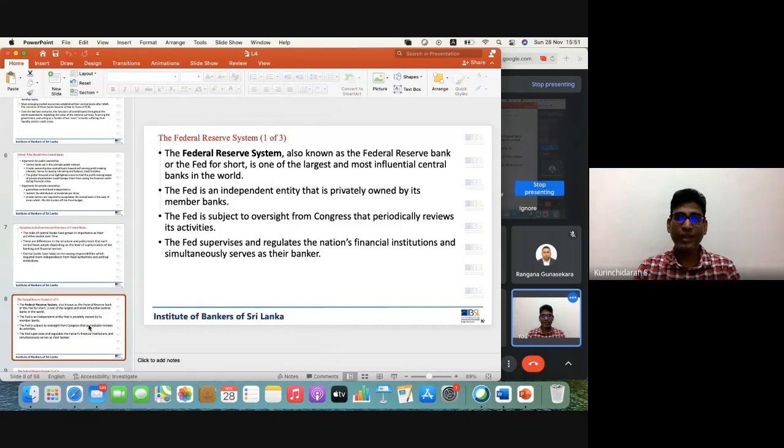The Fed supervises and regulates the financial institutions. But here, the central bank, of course, regulates and supervises financial institutions, but it is not owned by the member banks.